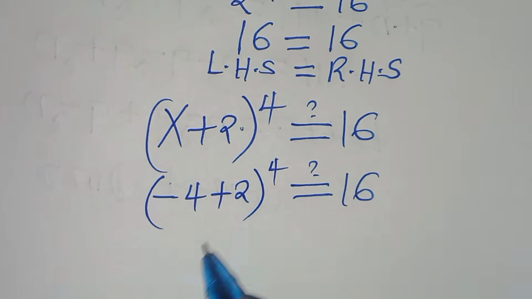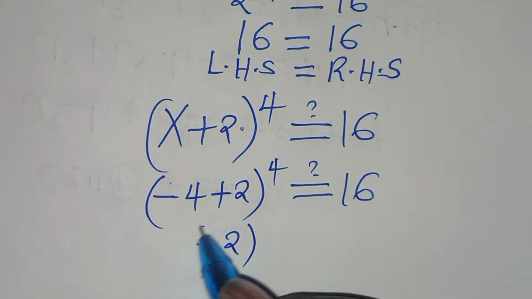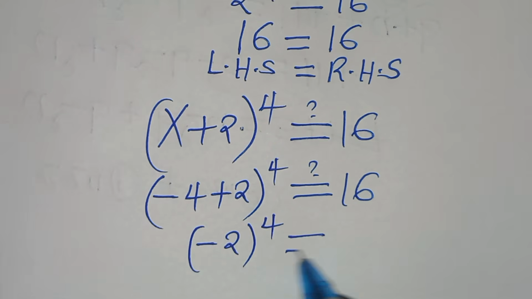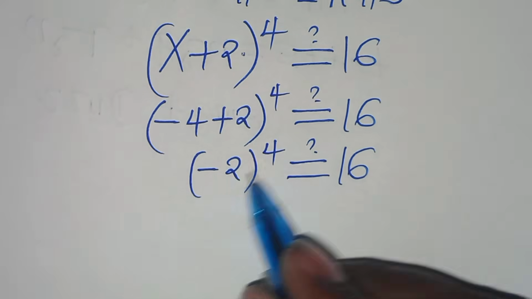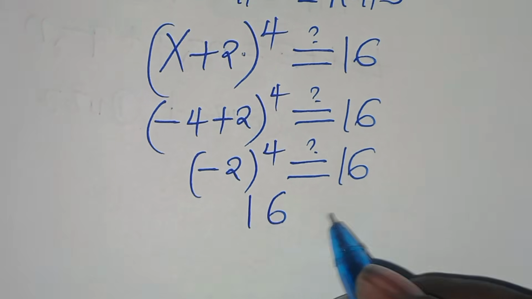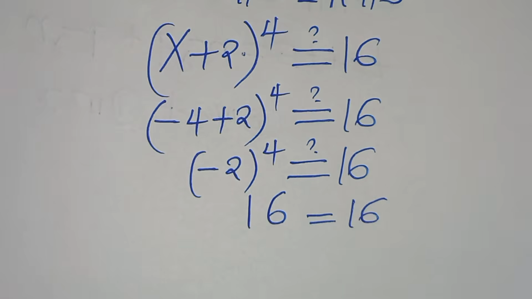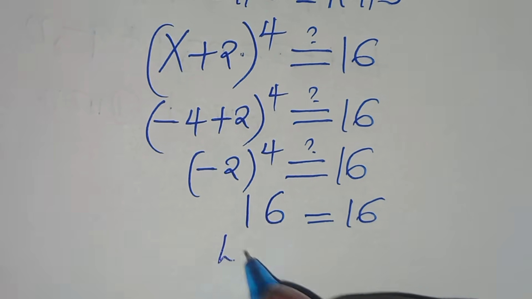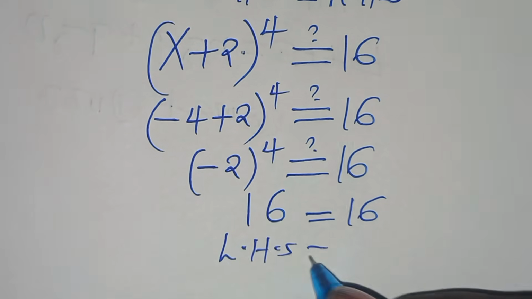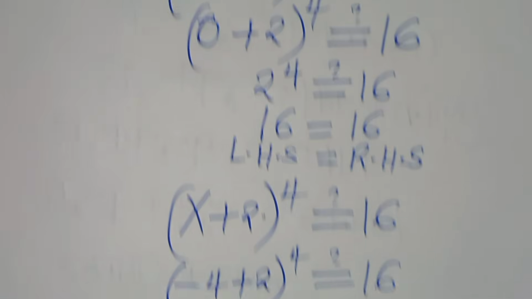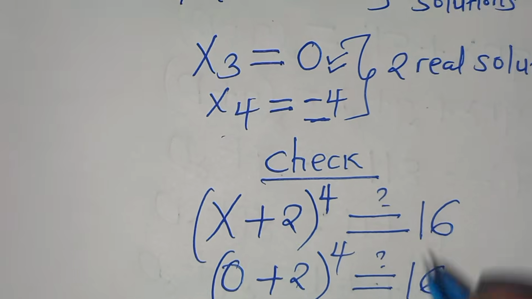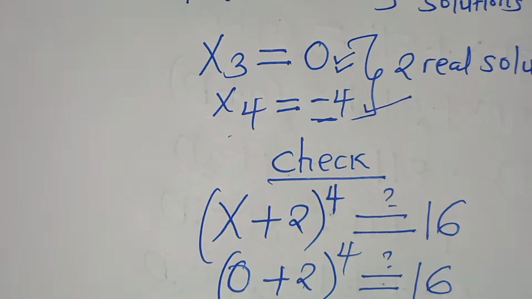Negative 4 plus 2 is negative 2, raised to the power of 4, which should give us a value of 16. Negative 2 to the power of 4 is 16, which is equal to 16. So the left hand side is equal to the right hand side, and this affirms that x4 also satisfies the equation.